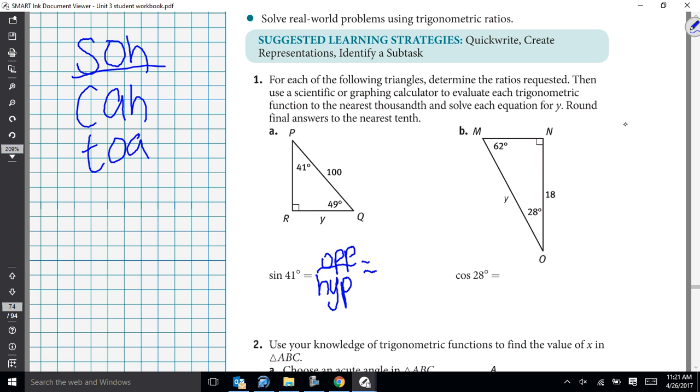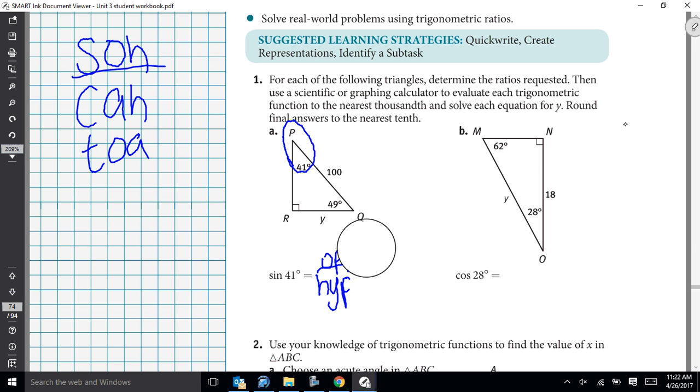So from 41, we're at angle P. What's our opposite side? y. And our hypotenuse? 100. Alright, so can we solve this?